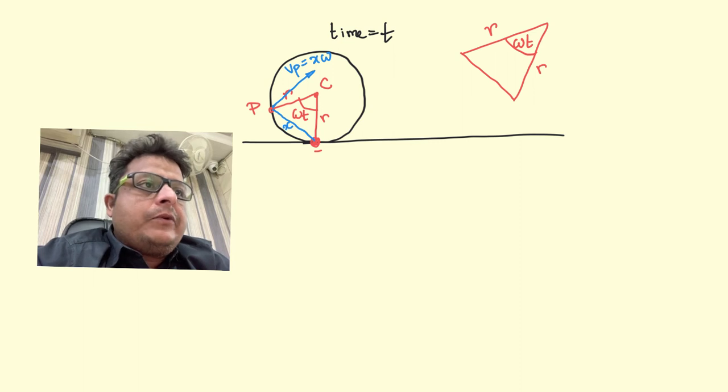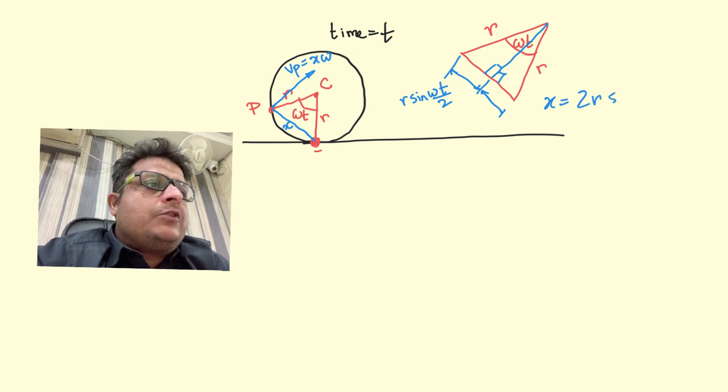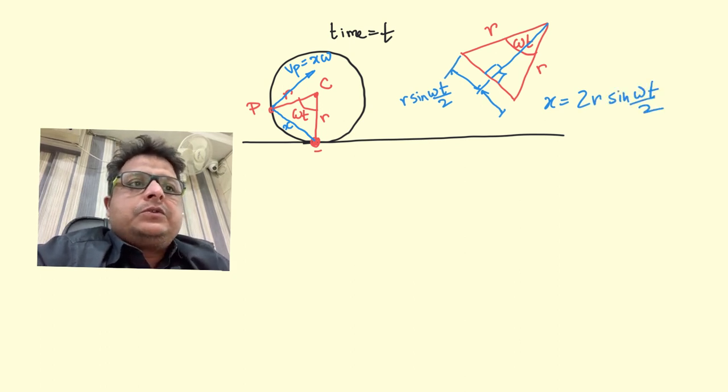If you draw a perpendicular, this length is r sine omega t by 2, right? So that's also equal. So x is equal to 2r sine omega t by 2. Now that is the speed factor of the point P at this time t.